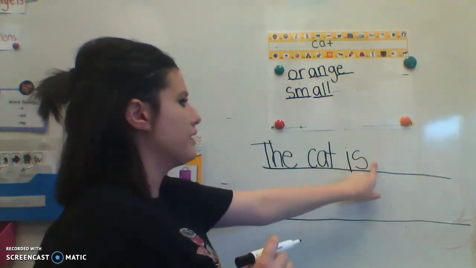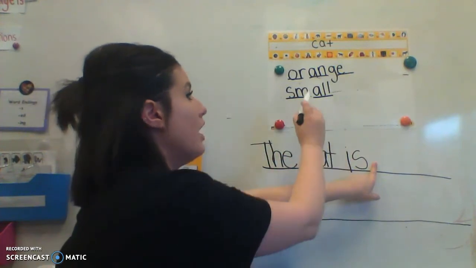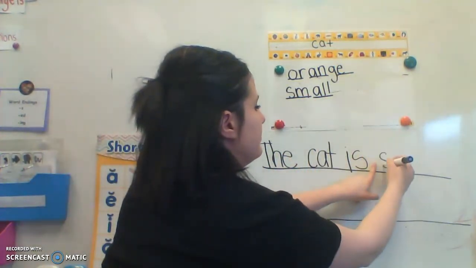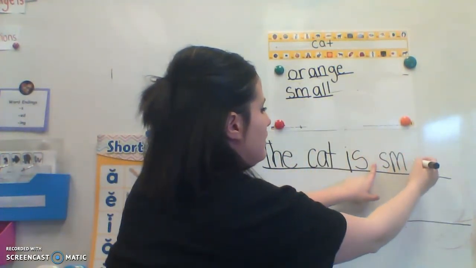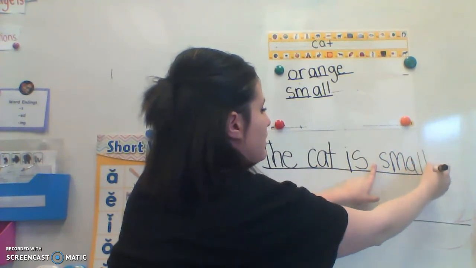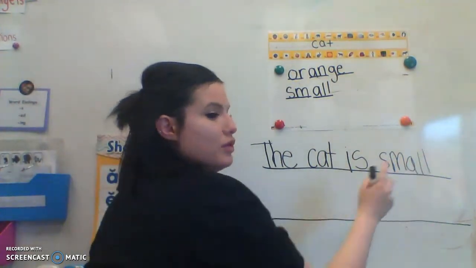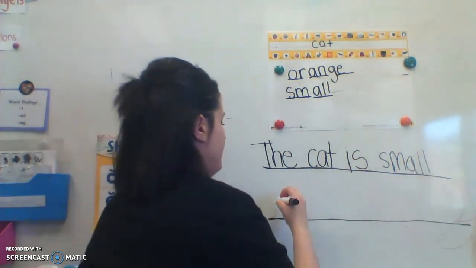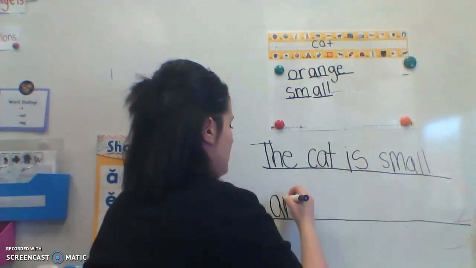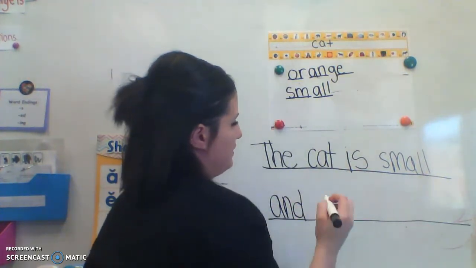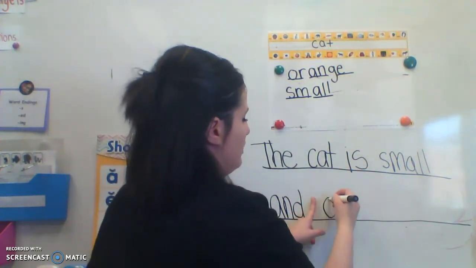Space, what was that next word? The cat is small. Go down here at the bottom because we don't have any more room on the first line. And space, orange.